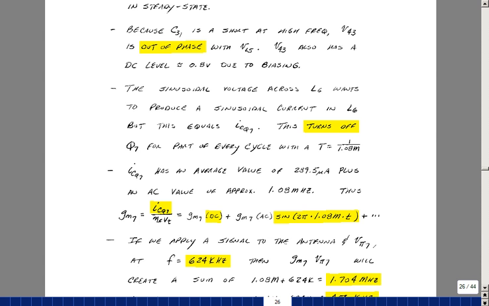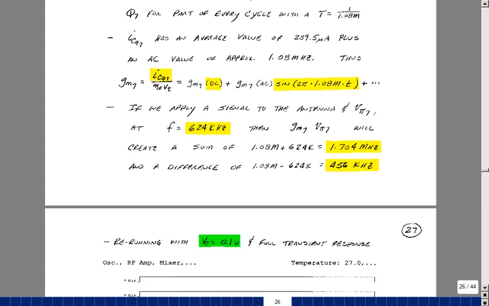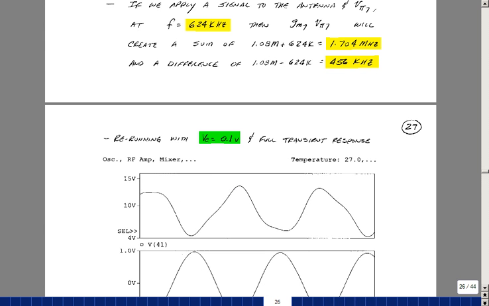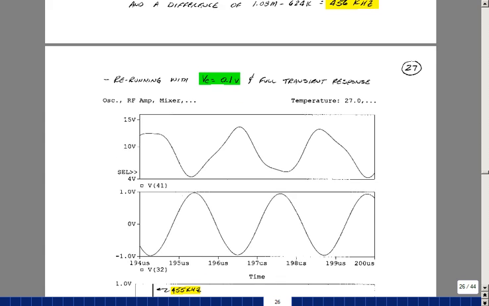What I'm going to do shortly is increase the received signal, but if it was 624 kilohertz, then the multiplication of that with the 1.08 megahertz signal would create a sum of frequencies and a difference of frequencies, one of which is 456 kilohertz. And that's going to pass through our transformer T6, which is going to be tuned to that frequency.